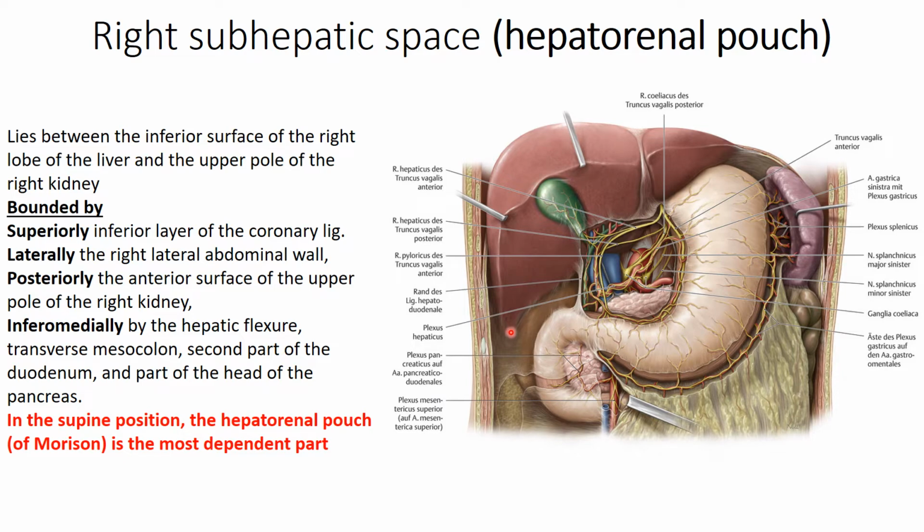This is a clinically very important space as it is the most dependent part when the patient is lying supine. So it is the site of fluid collection and also the preferred site for a drain of that fluid, so putting a drain tube.